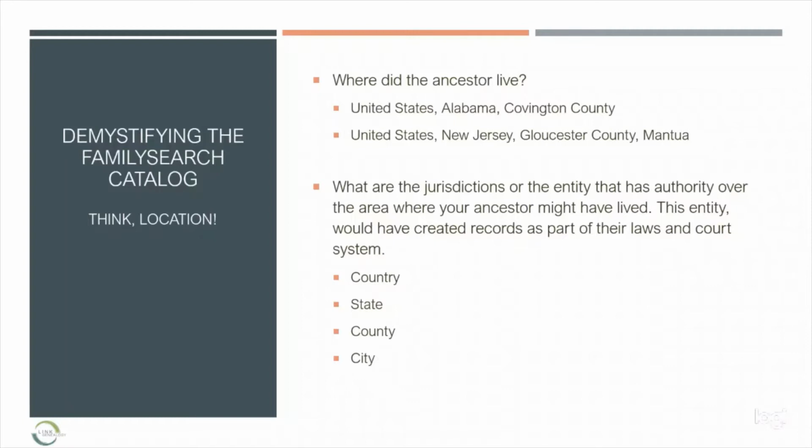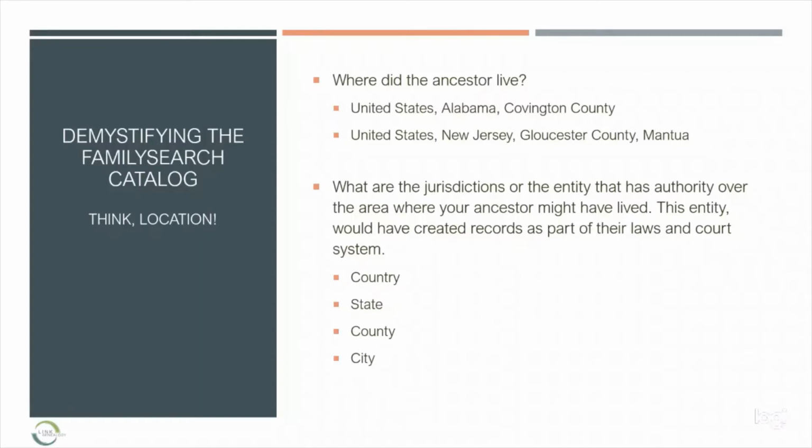And now in the genealogy field, we use the term jurisdiction. And jurisdiction just means essentially what entities would have been creating records for my ancestor. There are a lot of entities at the county level that create records for people. So county courts, the county clerk's office, and you'll see some of this also at the city level and then at the federal level.